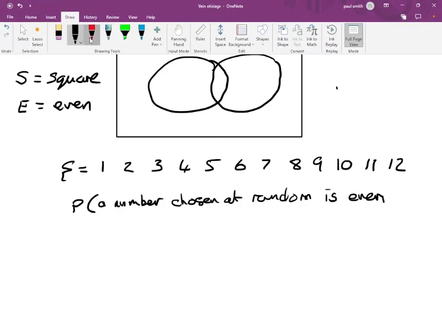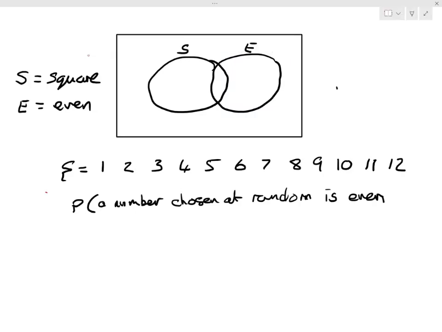So now we can go back to the red so we can see things. Number 1 is a square number, but it's not even, so it goes in there. Number 2 is even, but not a square. Number 3 is an odd number. It's not a square, so it goes in there. Number 4 is even, and it's a square. It's 2 squared, isn't it? Number 5 is neither.